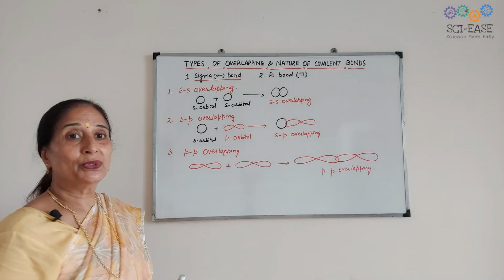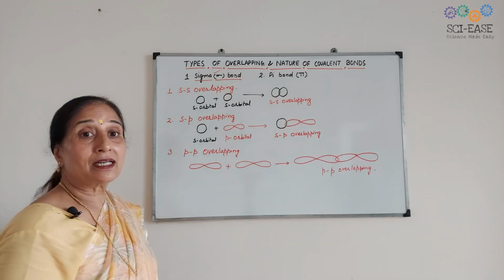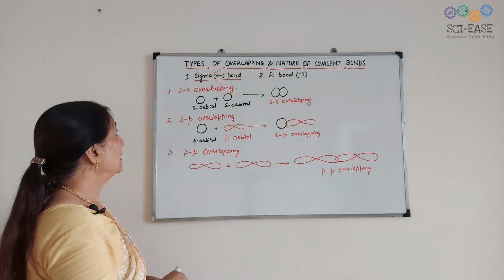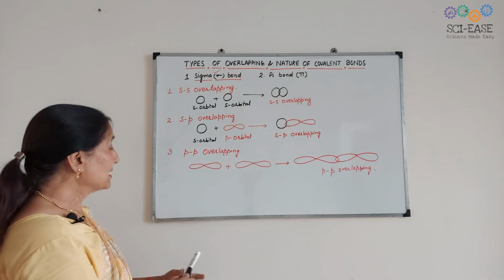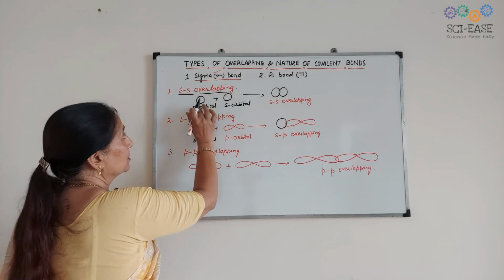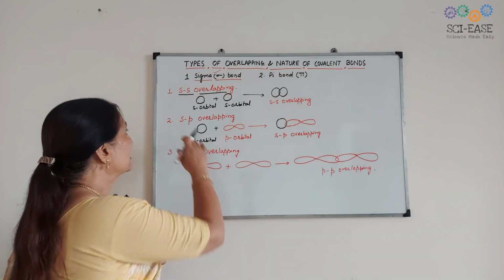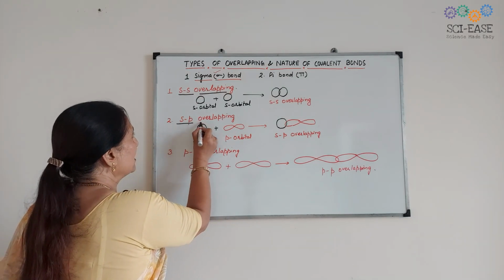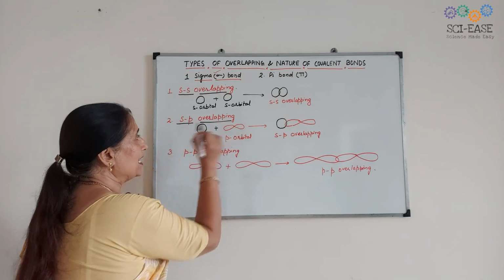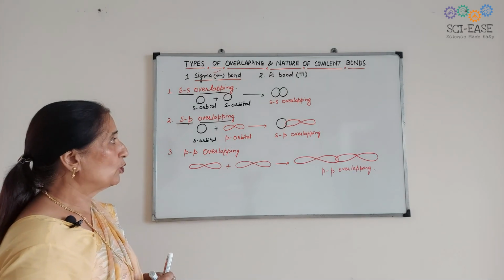So I have told you that in case of sigma bond, there are three types of overlapping. One is SS overlapping, where the two s orbitals get overlapped. Second is sp overlapping, where one s and another p orbital get overlapped.